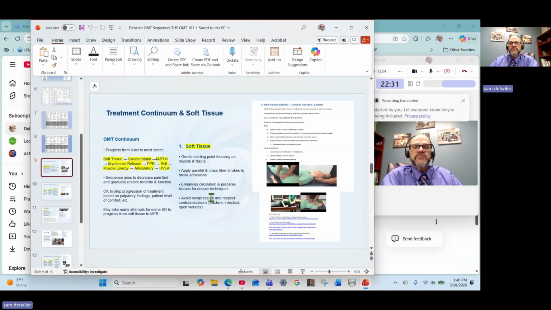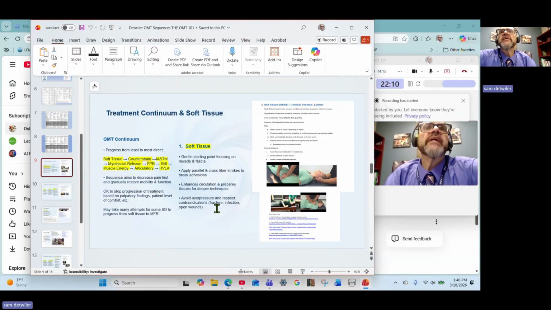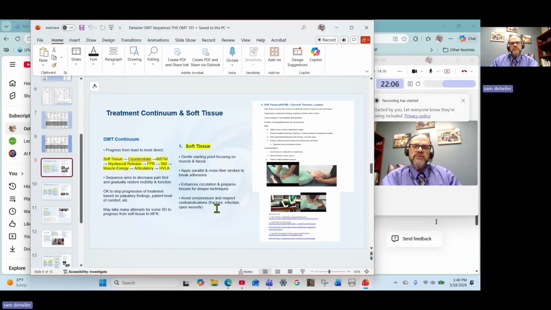It prepares the tissues for deeper techniques, which anyone who does this for a living will tell you is why it's so important to prepare the tissues and the myofascia before you try to correct somatic dysfunction that's on a deeper level, especially segmental of the spine. And you want to avoid overpressure, and you definitely want to respect any of the contraindications. These contraindications, we're going to outline here for your review, but fracture, infection, open wounds, they're all very much common sense.